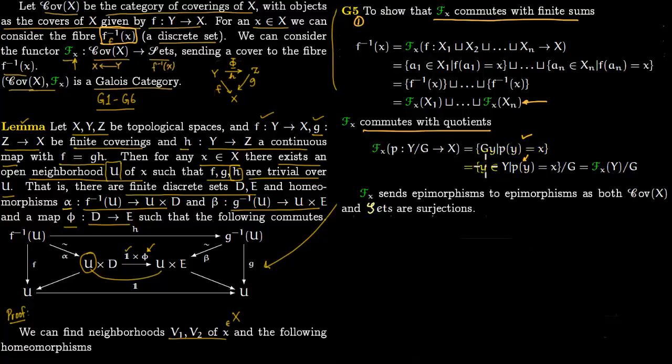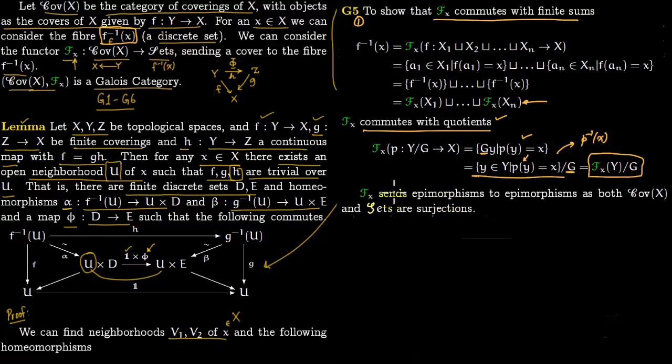So you now take all points of y, but the group action, instead of here, you take it out and modulo it. Once you have this, by the definition of fundamental functor, we are just looking at points y which are lying over x. So you can think of it as p inverse of x. Once you think of it as p inverse of x, what you get is this fundamental functor right here, f of x, y over G, because this is just p inverse of x. So it commutes with quotients.